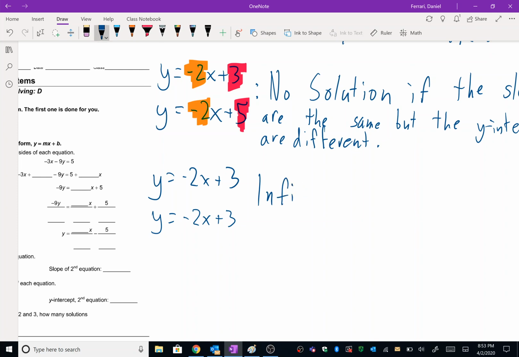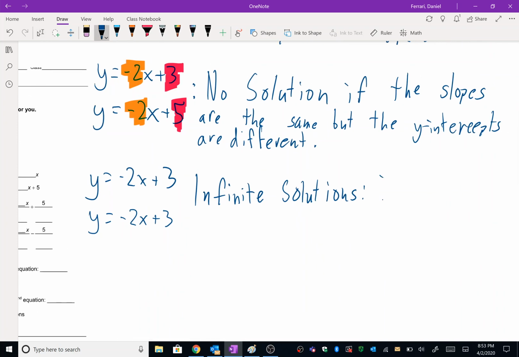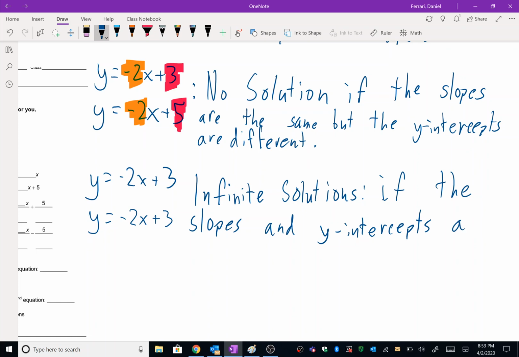Let's try that again. Infinite solution if the slopes and y-intercepts are the same.